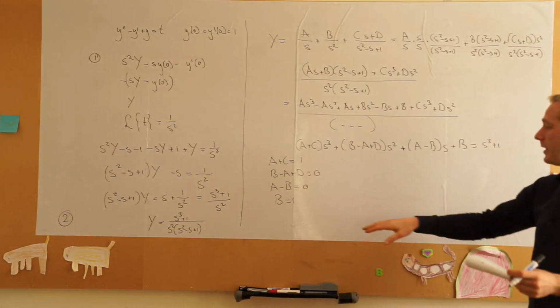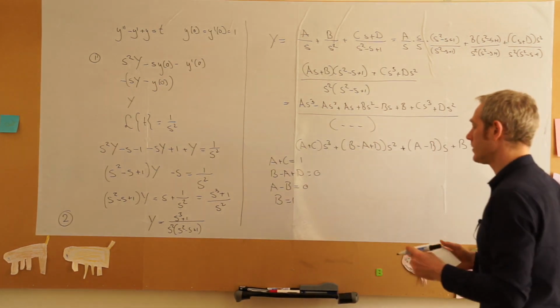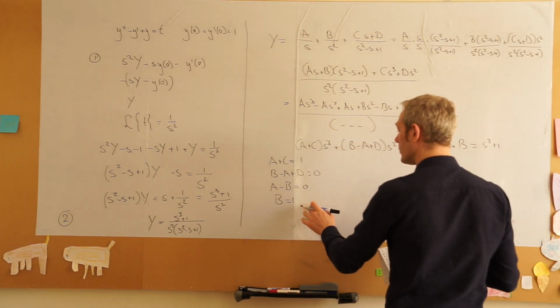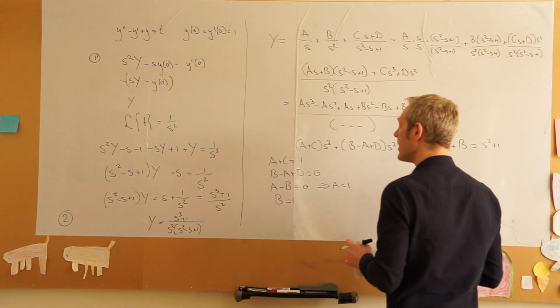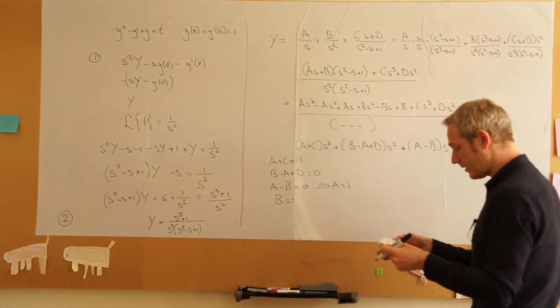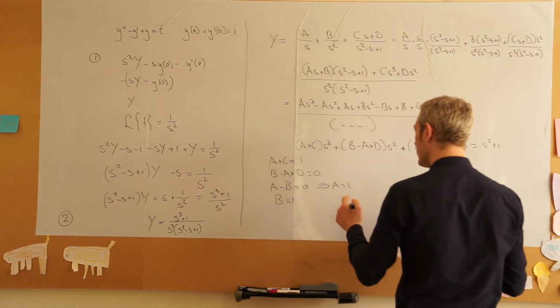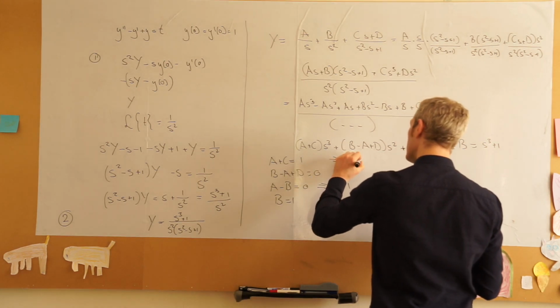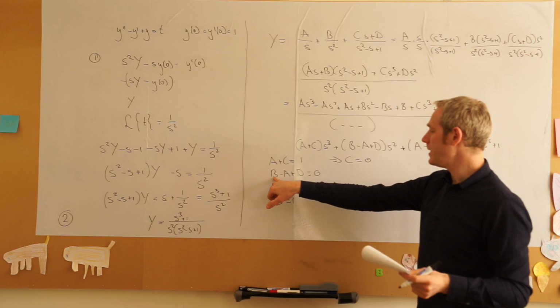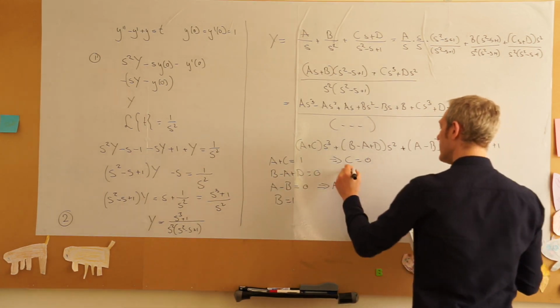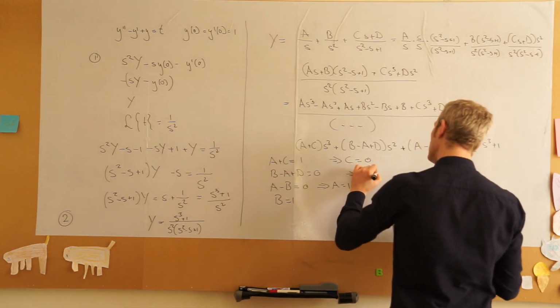And luckily, because we have this one, we can calculate this fairly easily. If B is equal to 1, then it follows that A is equal to 1. And if A is equal to 1, then C must be equal to 0. And if A is equal to 1 and B is equal to 1, then D must be equal to 0.